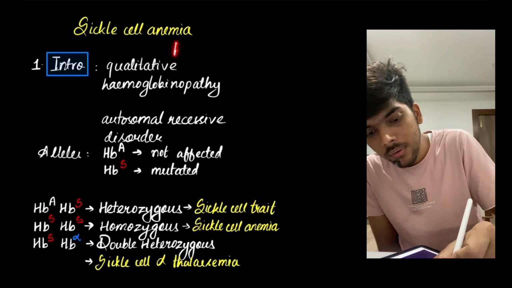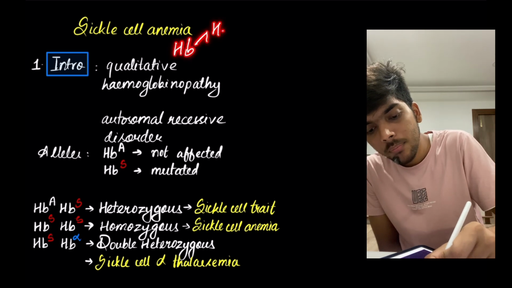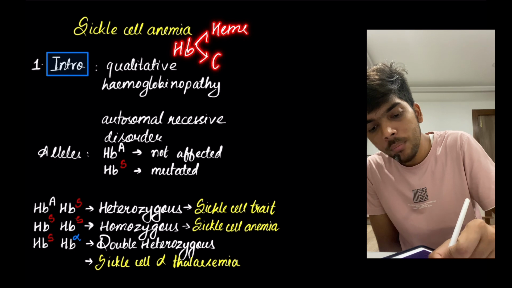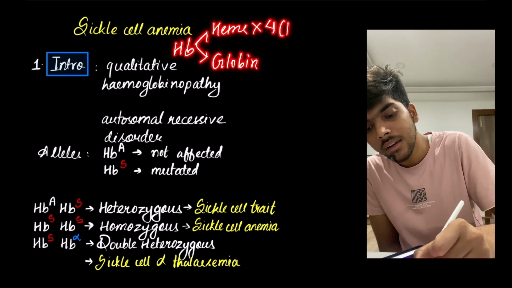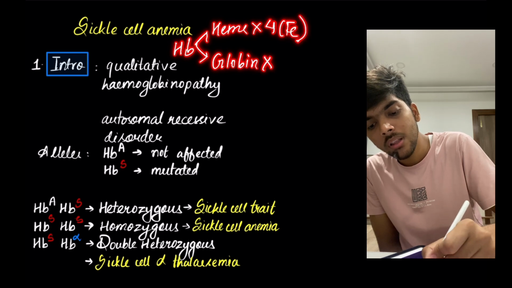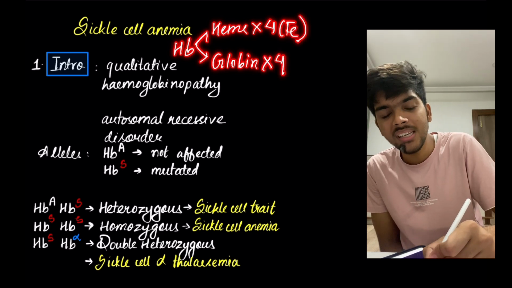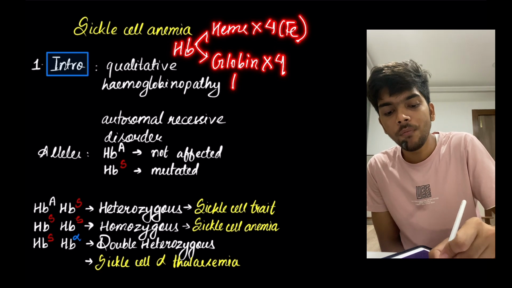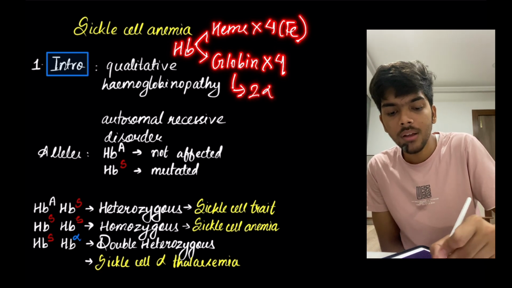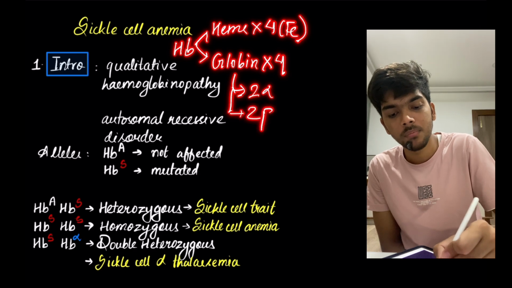So hemoglobin contains heme and globin protein. There are altogether 4 heme molecules that contain iron, and there are altogether 4 globin proteins, each associated with individual heme molecule. Out of 4 globin proteins, there are 2 alpha chains and 2 beta chains.